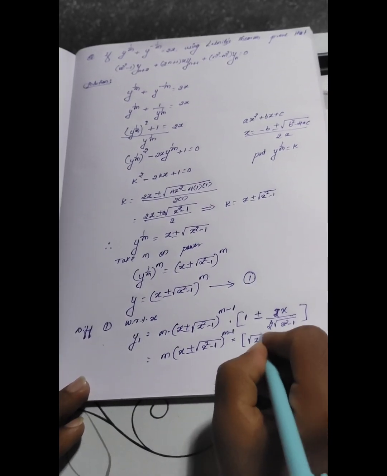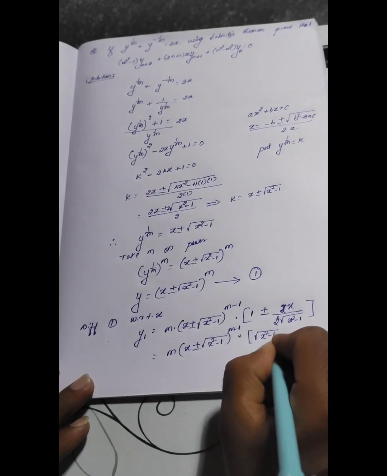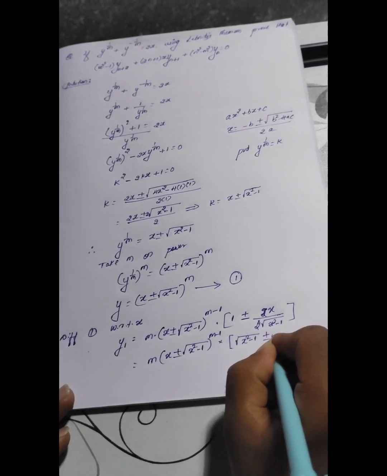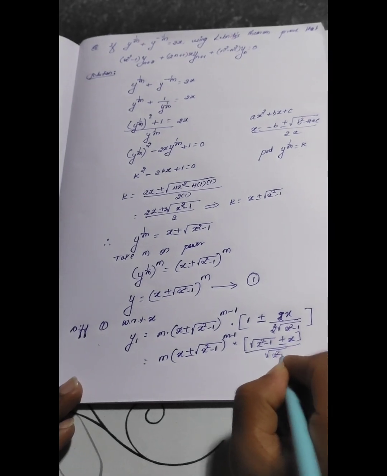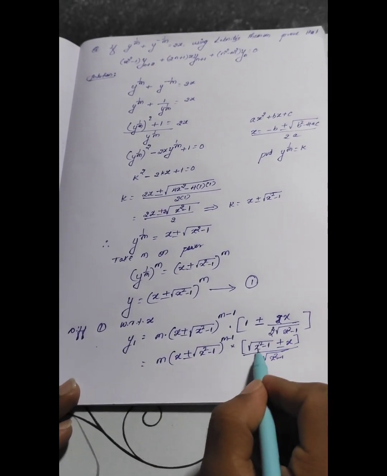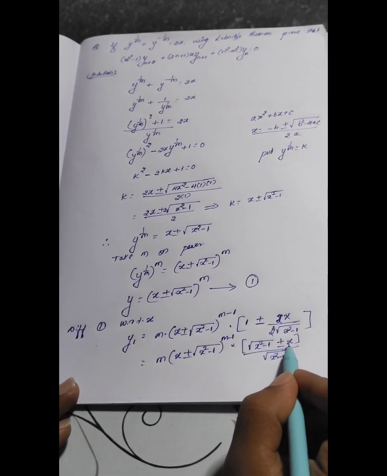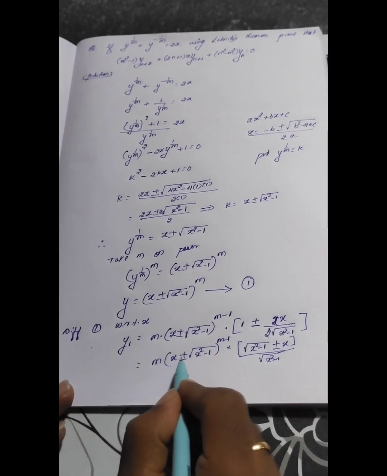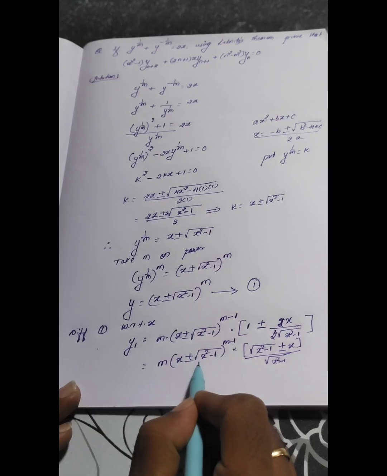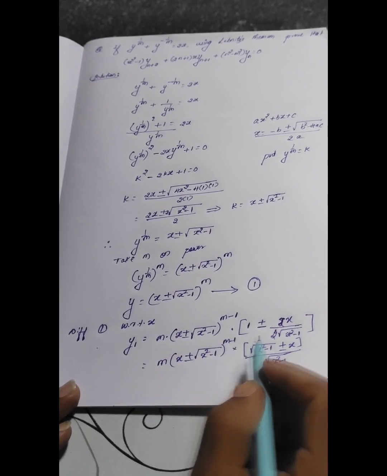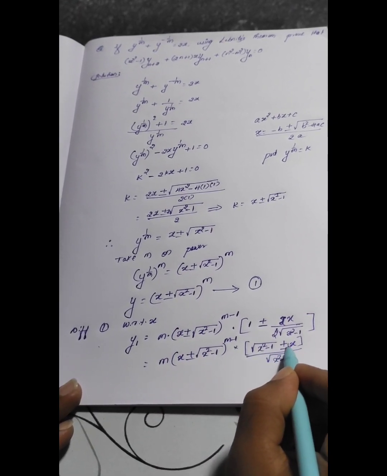So that will be root of x square minus 1 plus or minus x, divided by root of x square minus 1. So observe here, root of x square minus 1 plus or minus x is the same as x plus or minus root of x square minus 1. This term is the same, right? x plus or minus root of x square minus 1 raised to m minus 1, and this is root of x square minus 1 plus or minus x.